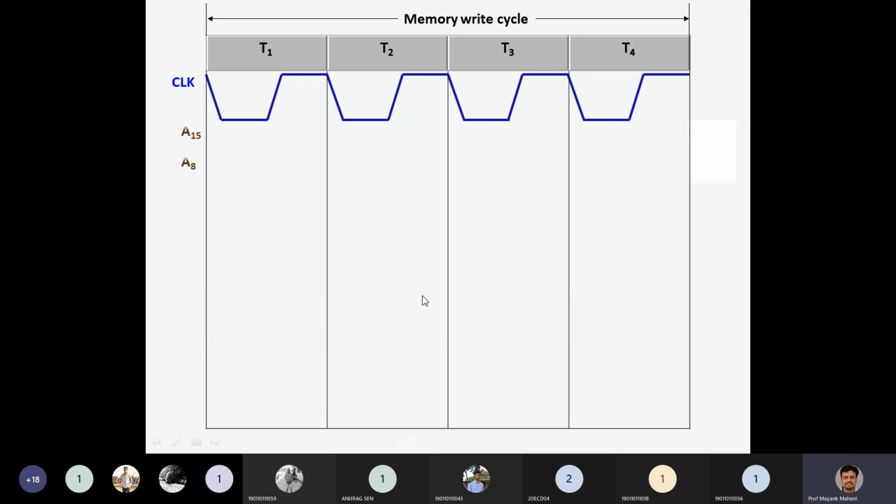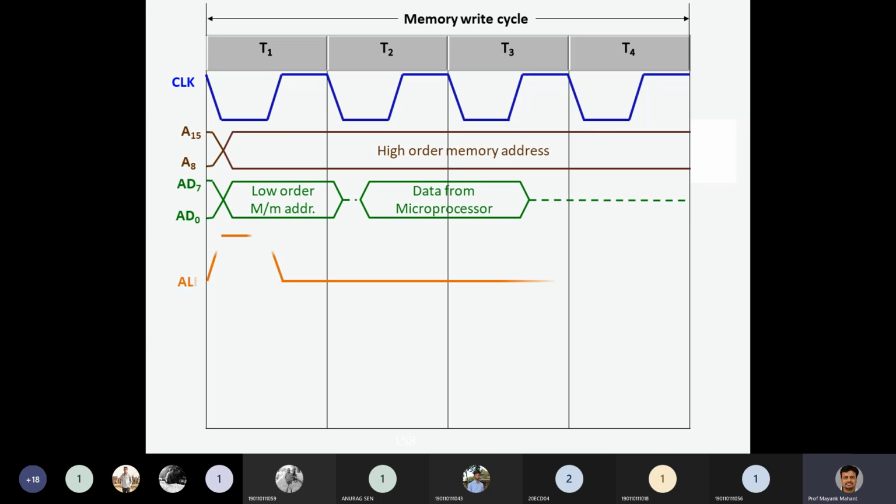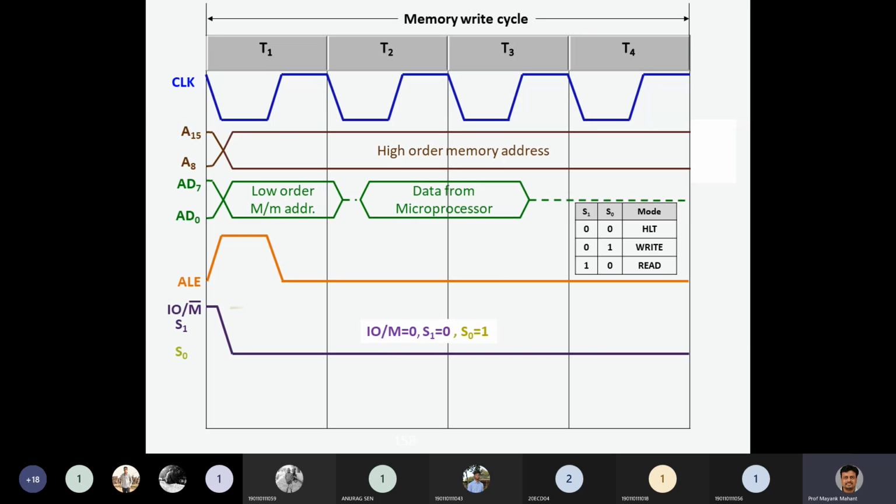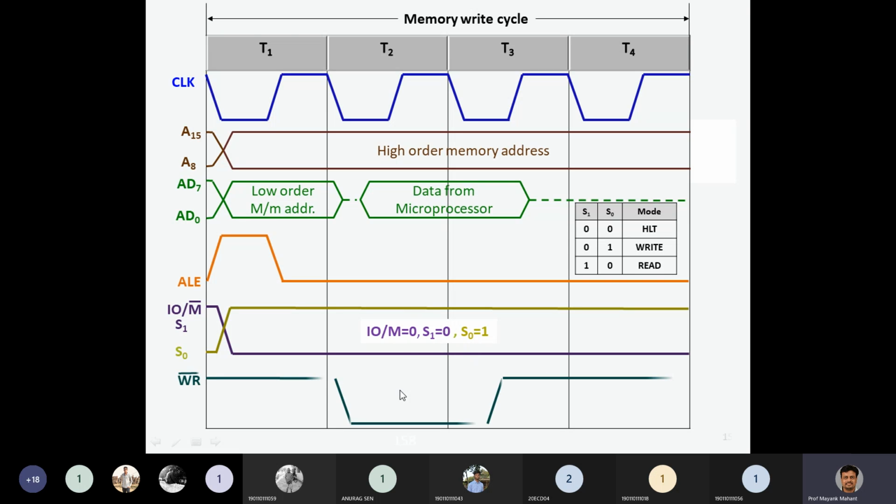In the same way memory write is executed, but at that time you will make S0 1, S1 0, and IO/M 0, and you will make write bar 0, and whatever data is available on your data line would be written into your memory.